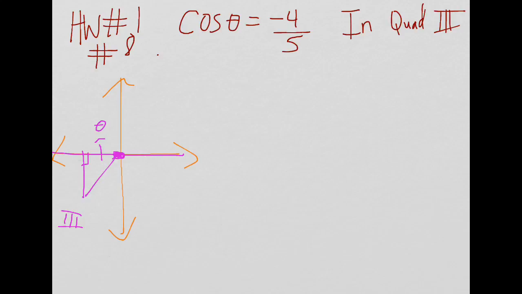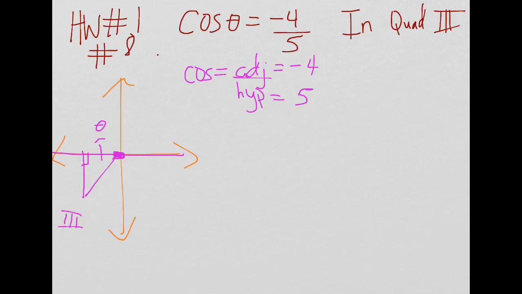So, cosine, what does cosine equal? Adjacent over hypotenuse. So the adjacent is equal to -4, and the hypotenuse is equal to 5. Does anybody have any questions about that?